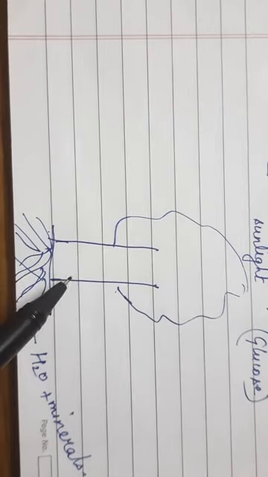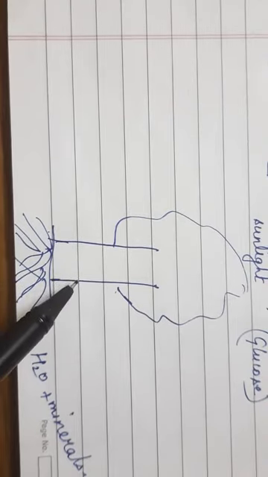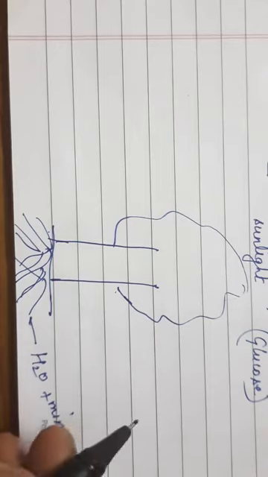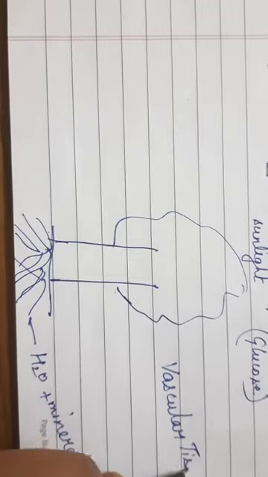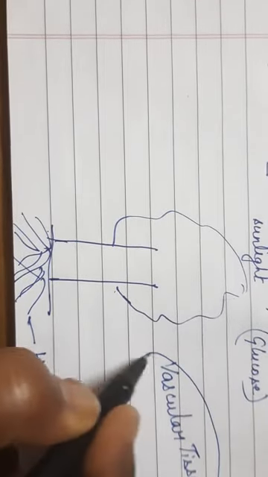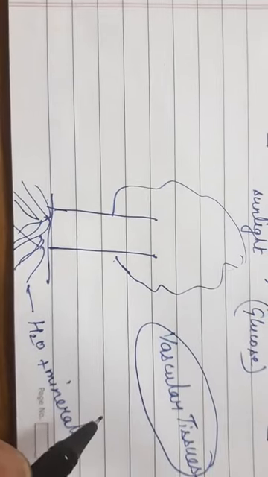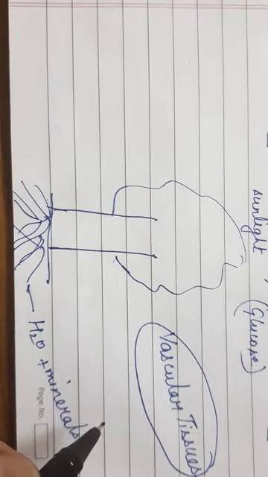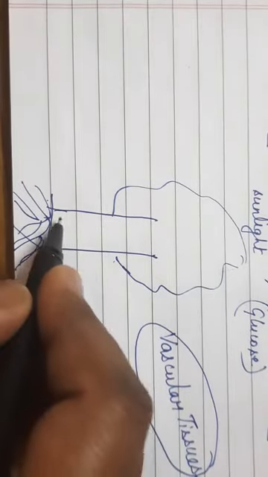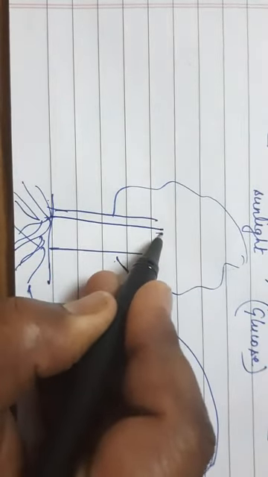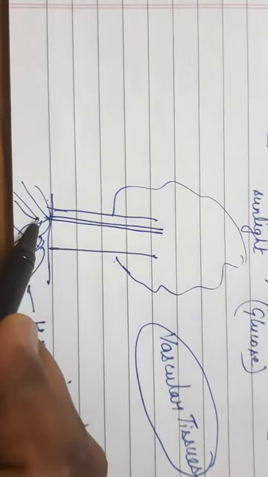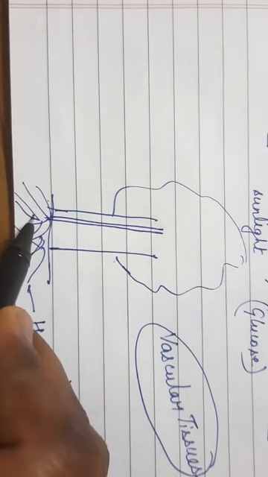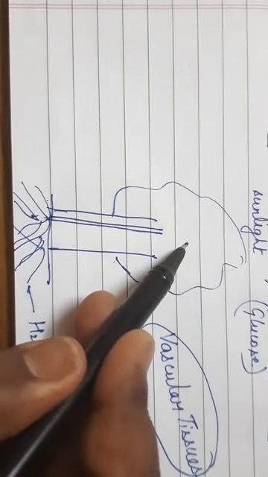There are special kinds of vascular tissues. And what are these vascular tissues? The vascular tissues are xylem and phloem. These vascular tissues are like a tube-like structure. In this tube-like structure, the water and minerals from the roots to the leaves or all parts of the plant are carried by the xylem.